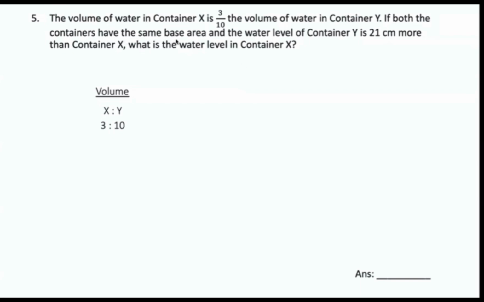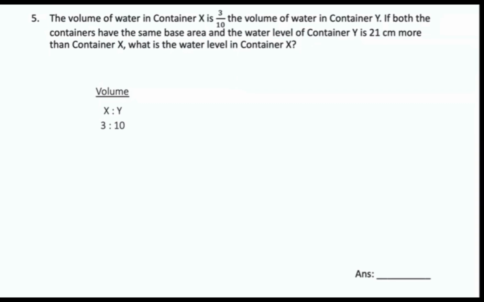Now, when two containers have the same base area, for the purpose of primary 5, essentially the question is telling you it's the same container. The two containers are the same, identical. So that's for P5. All right.